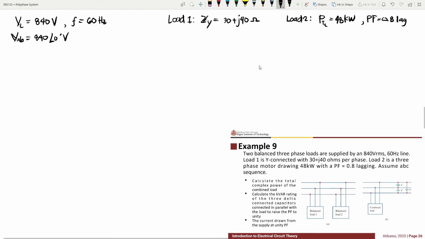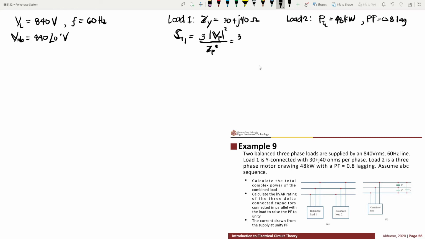We have the total complex power for load 1 equivalent to 3 times the magnitude of the phase voltage squared over the conjugate of the impedance.